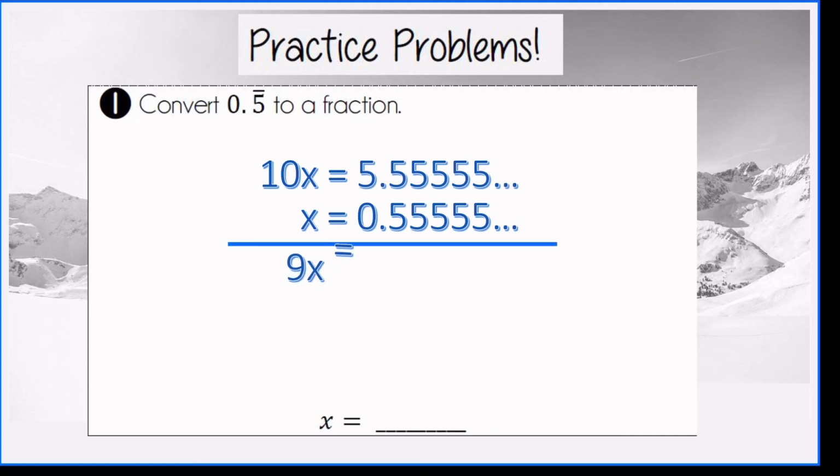I then subtract to get 9x equals 5. Divide both sides by 9. Remember, my 9's are going to cancel so that I just have x equals 5/9. Remember, that's the pleasure and the beauty of this. You can pause. If I go too fast, you can pause. You can rewind. Okay.